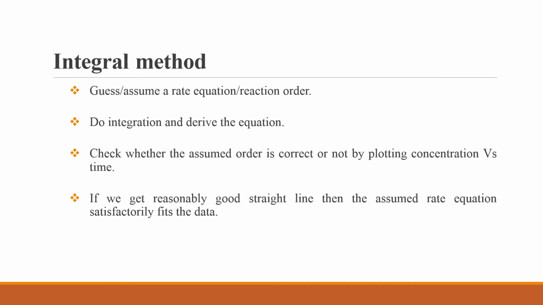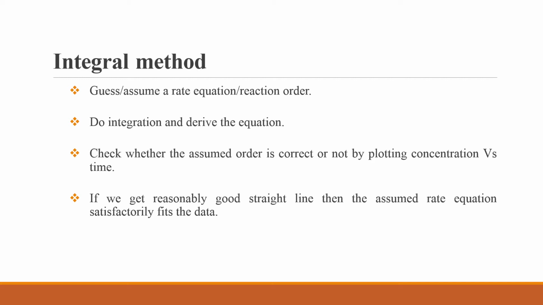In this integral method of analysis, we have to assume a rate equation. After assuming rate equation, integrate the rate equation and derive the final form of integrated rate equation. Our kinetic data has to be fitted with this integrated form of rate equation.